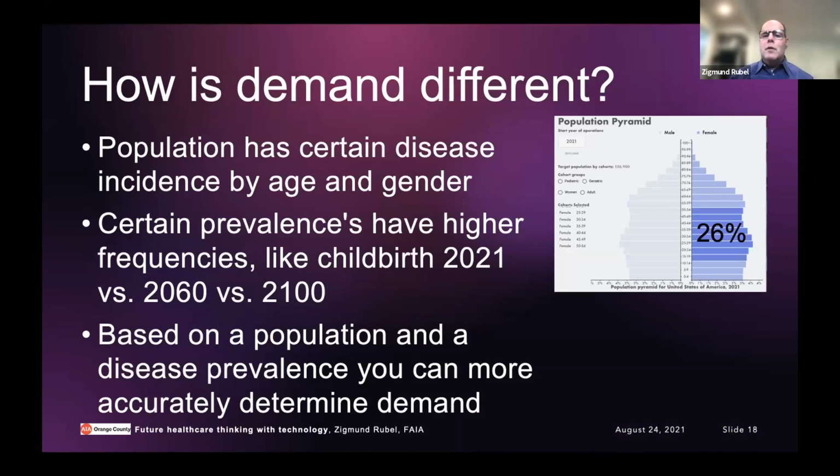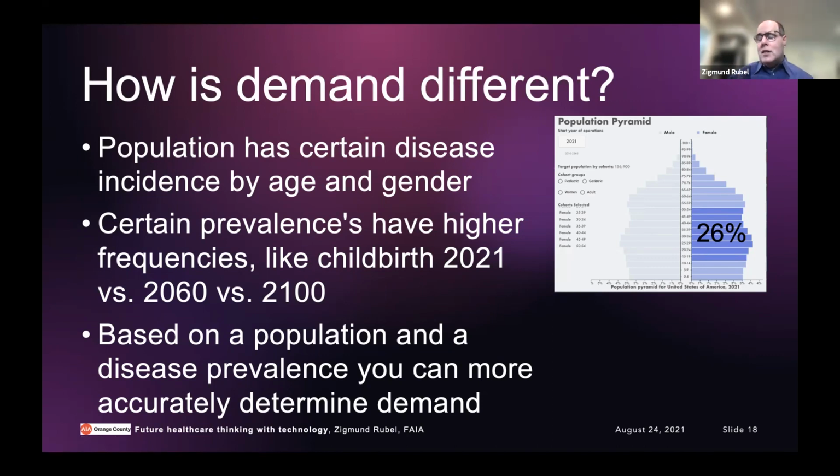So in terms of how is demand thinking different? This is a population pyramid. So there's 2 groups of censuses. The males are the lighter gray, the females are the darker blue, and the highlighted color is showing women that could bear children.